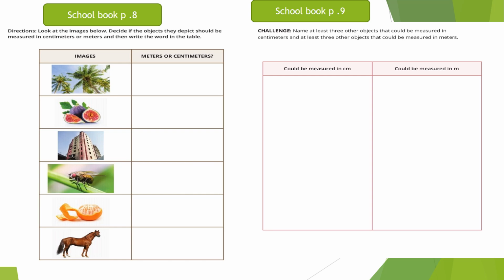We have some trees here. We will measure them using meters, sure. And some figs, we will use centimeters. And the building, we will use meters. And our insect here, we will use centimeters.